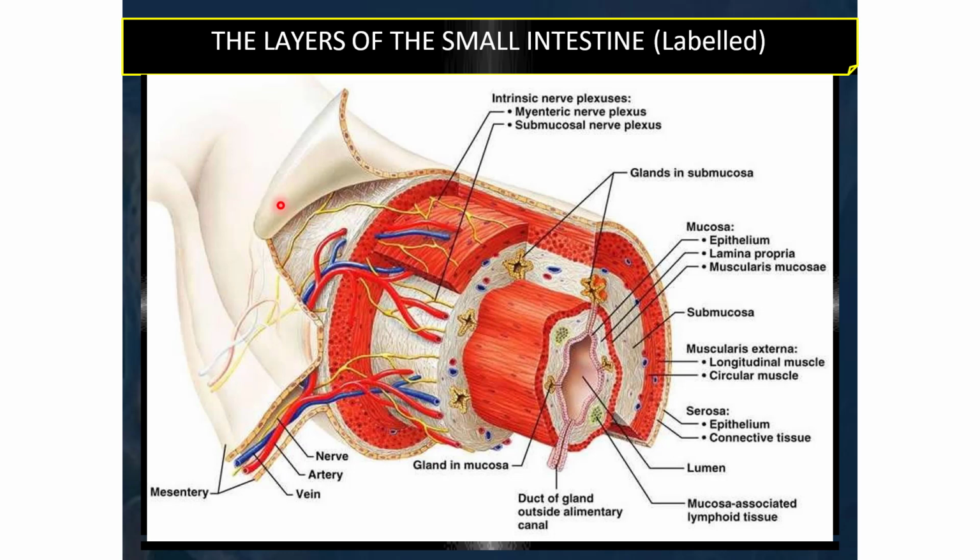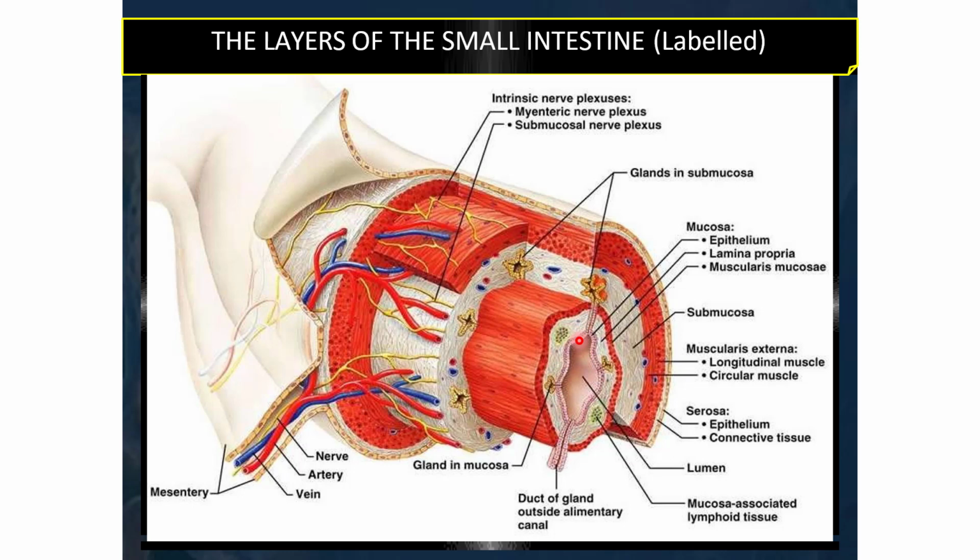So this layer has the longitudinal arrangement of the fibers, the longitudinal layer outermost, then the inner circular layer, which was circularly covering it, and then this is the layer of submucosa having various glands, and this is the layer of the muscularis mucosae, and here is the lamina propria, and this is the lining epithelium.